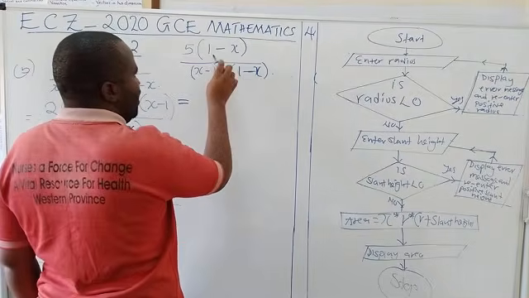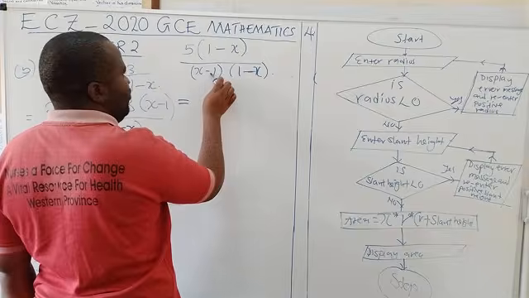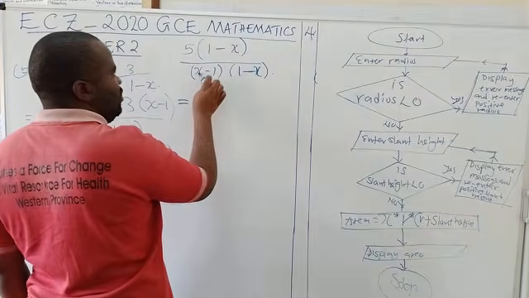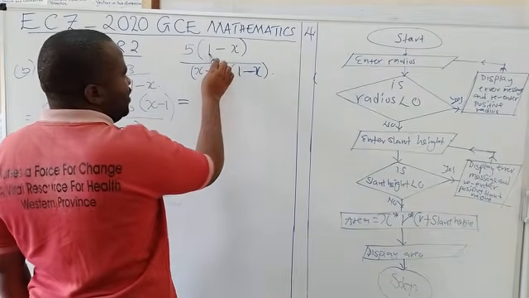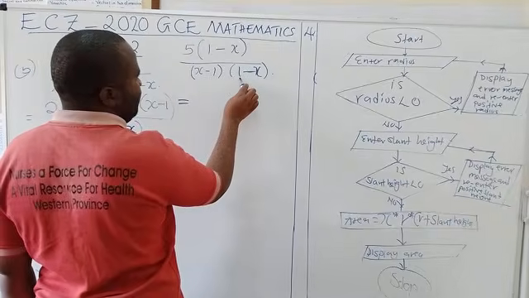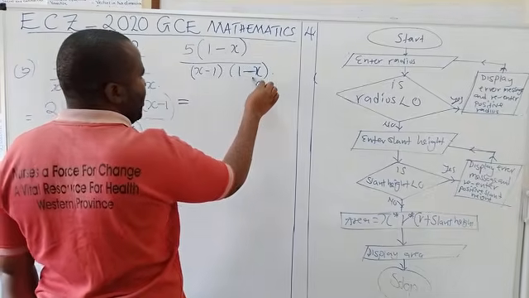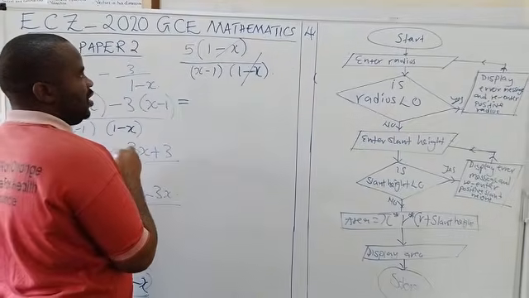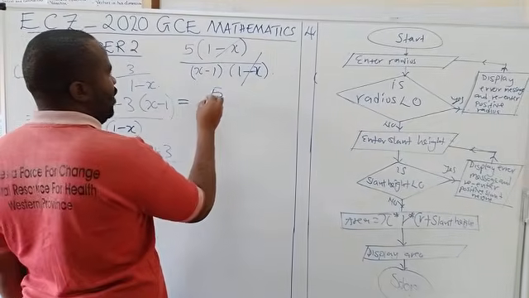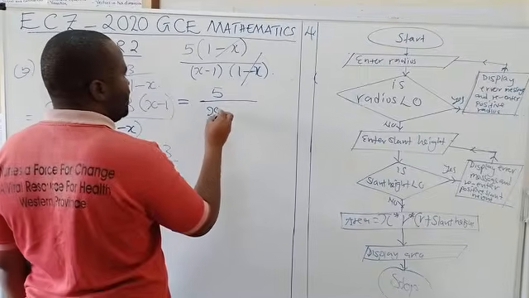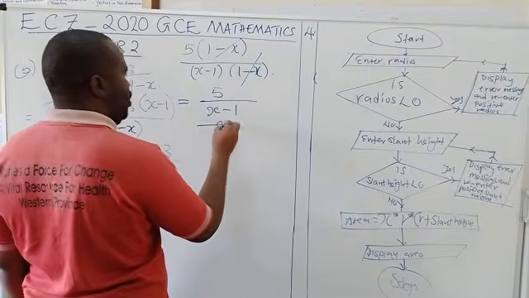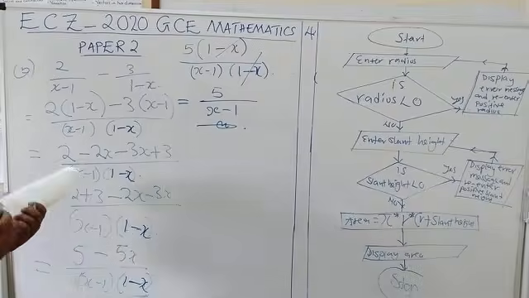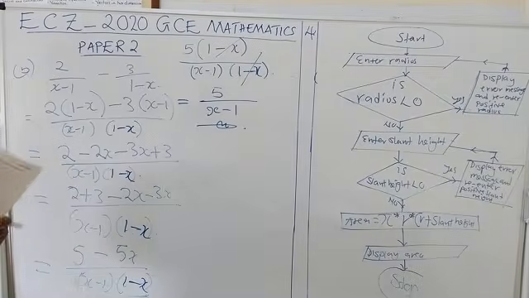But when you look at this one, this is positive and this is positive. This is negative and this is negative, meaning that these can be cancelled. So once you cancel, you have 5 over x minus 1 as your answer. Okay, that is our answer. Where possible, you cancel.